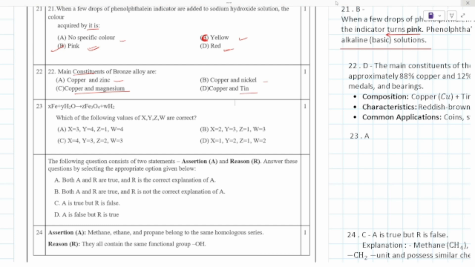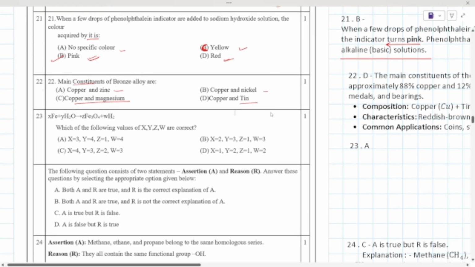Main constituents of bronze alloy. I think copper and tin. Are you sure? Tin, yes. Copper and tin. That is D.